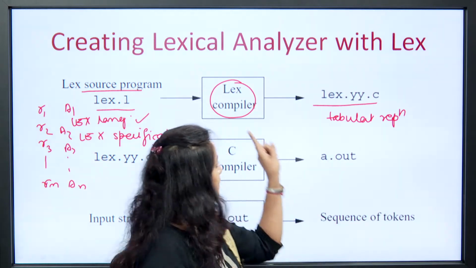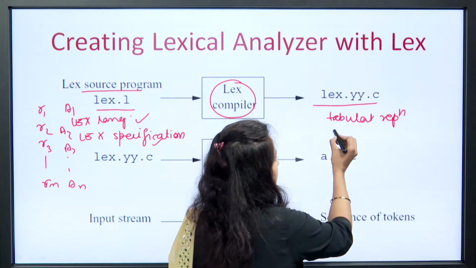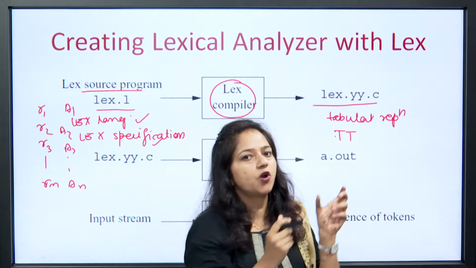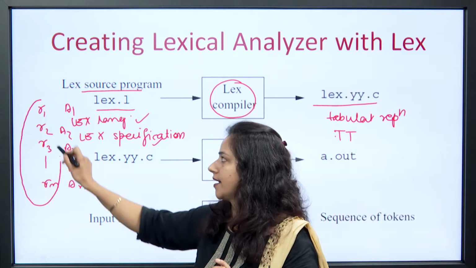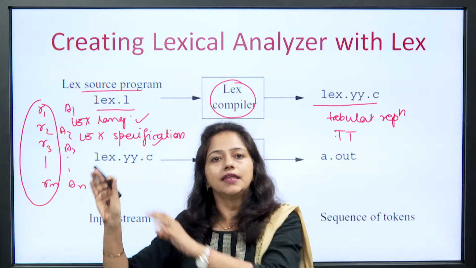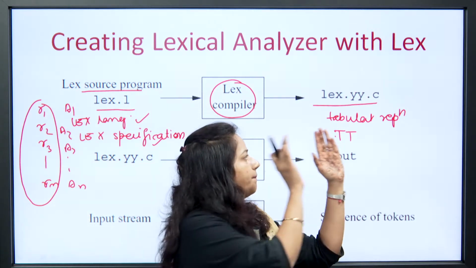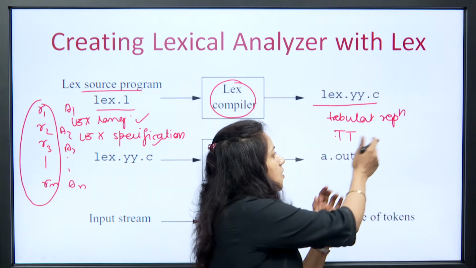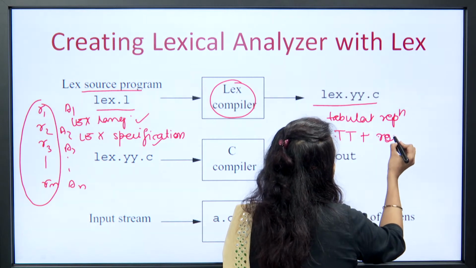The Lex compiler will produce the tabular representation, or we can say the transition table, with respect to all these regular expressions, and here we have the associated actions. All these actions or routines will be copied over here. So, it contains the transition table as well as the routines.